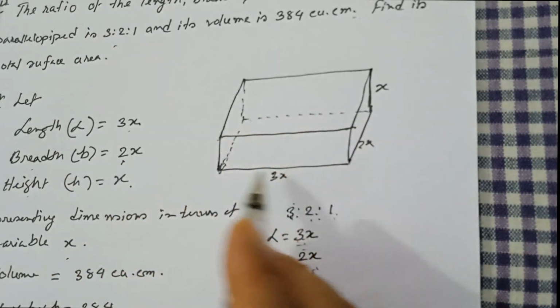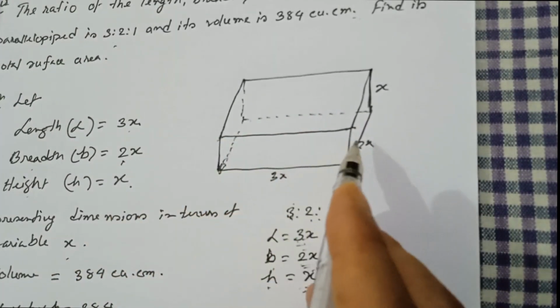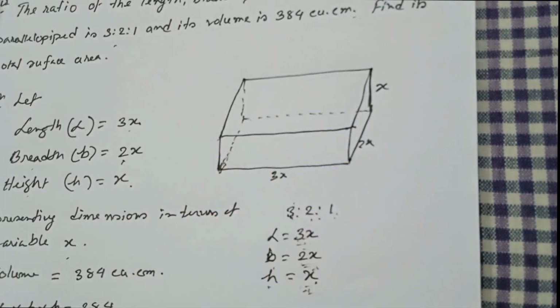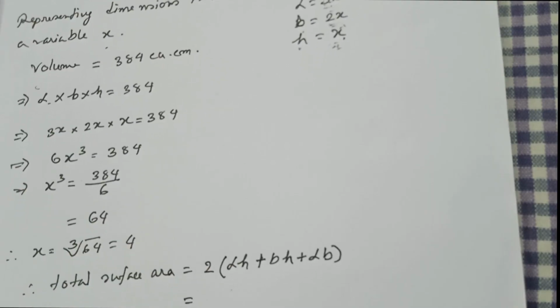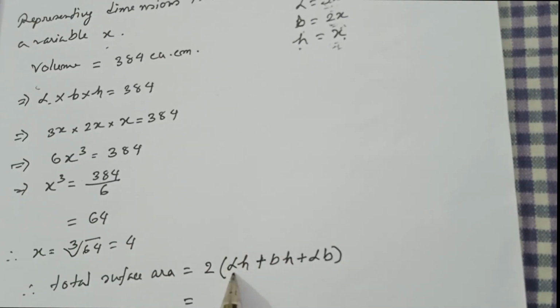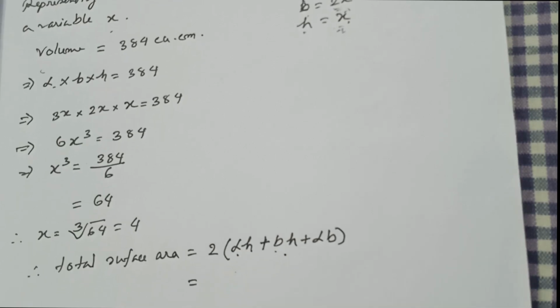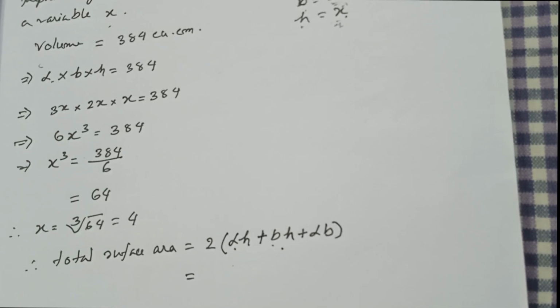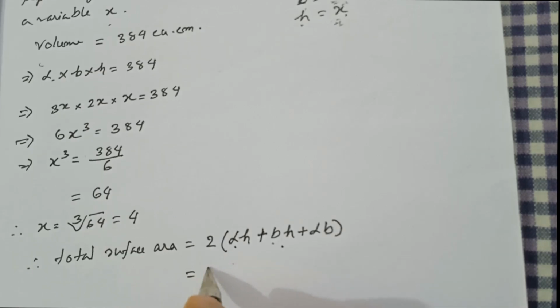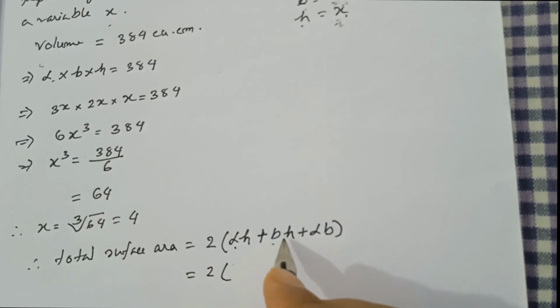In a parallelepiped, the total surface area is calculated by multiplying length into height, breadth into height, and length into breadth, and adding all of them. Then twice of that is the total surface area. You have to remember that. But you already have the values of L, H and B.